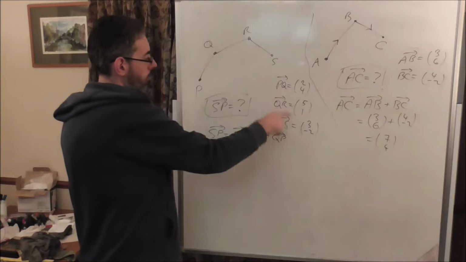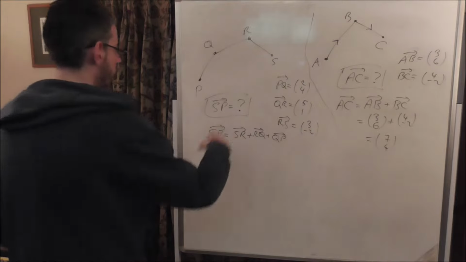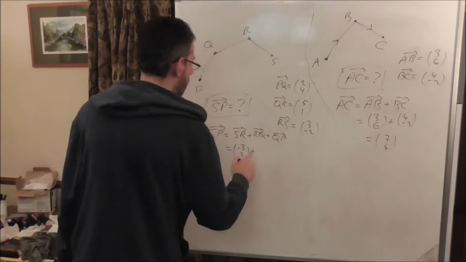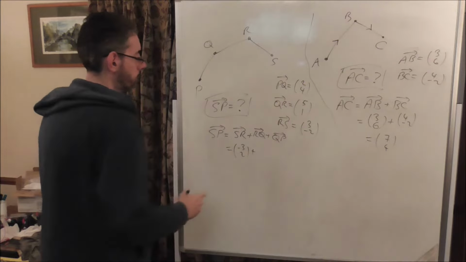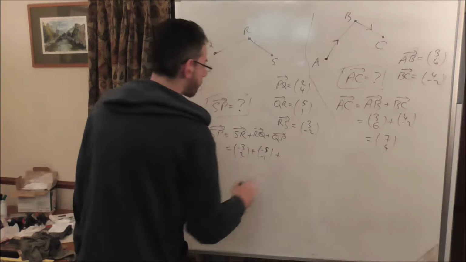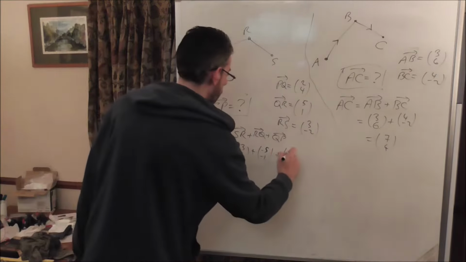So R to S is 3, minus 2. S to R is the reverse journey, so it's going to be the same numbers, just different signs. So it's going to be minus 3, 2. R to Q is just going to be the same as Q to R, just different signs. So it'll be minus 5, minus 1. And Q to P will just be minus 2, minus 4.